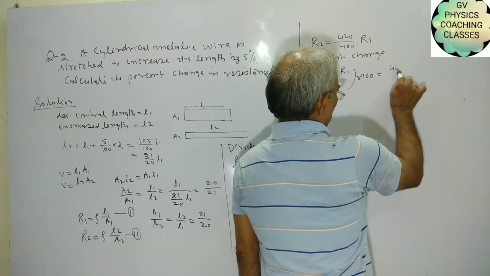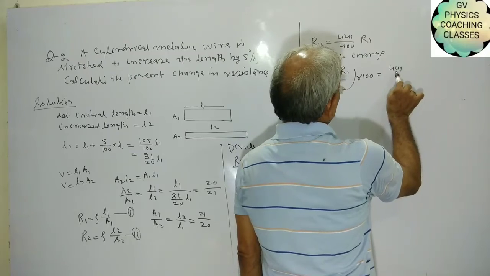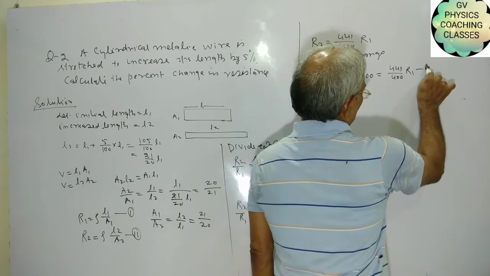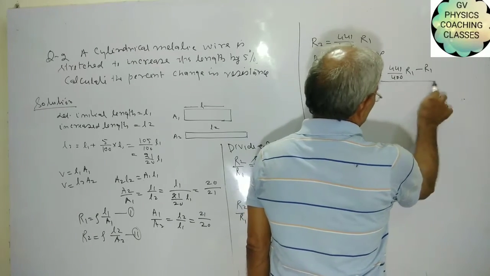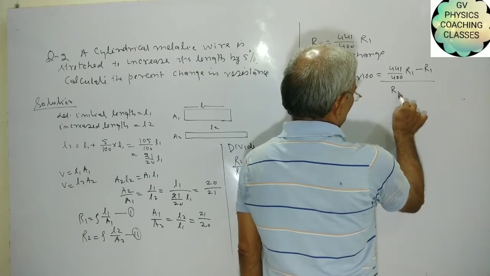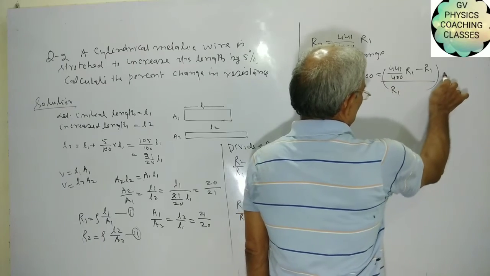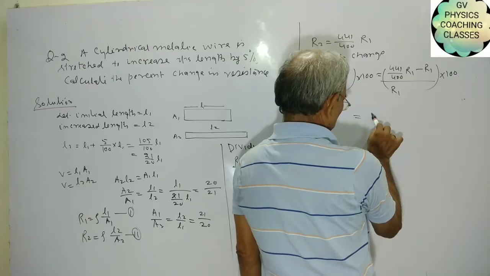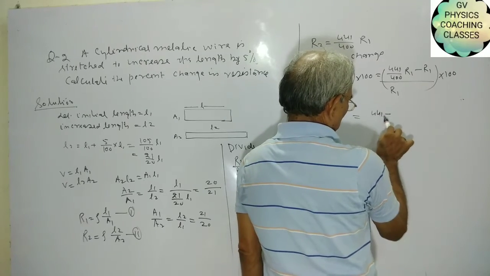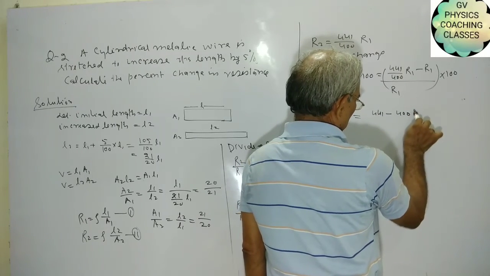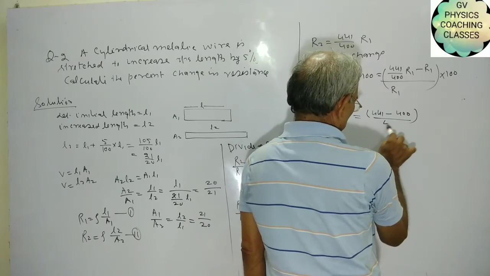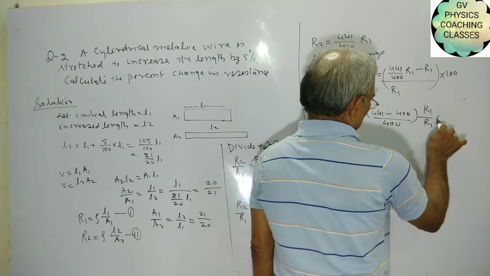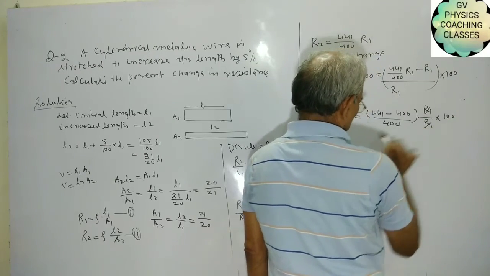Then 441 upon 400 R1 minus R1 upon R1 into 100. This comes 441 minus 400 upon 400 R1 upon R1 into 100. This is cancelled out.